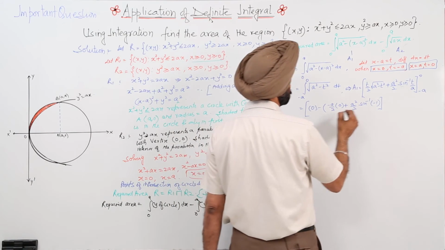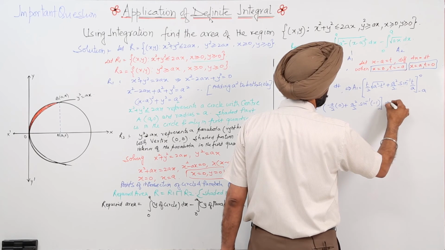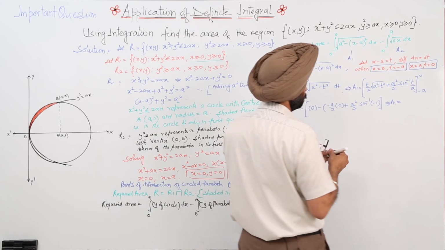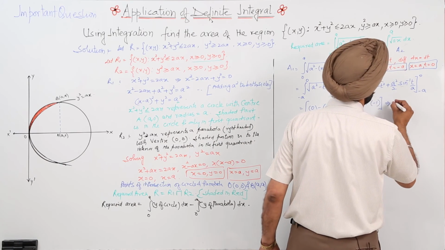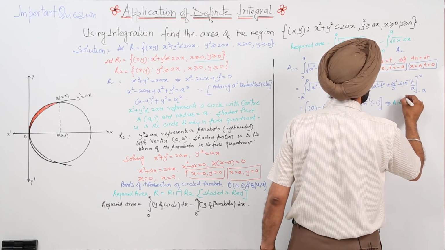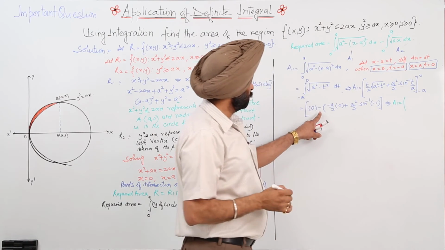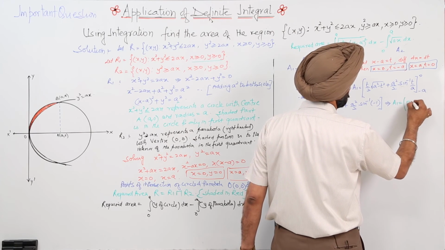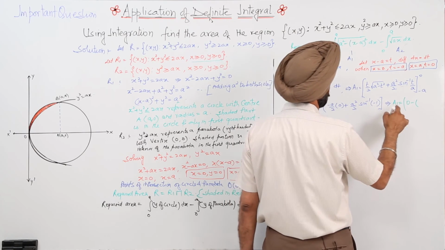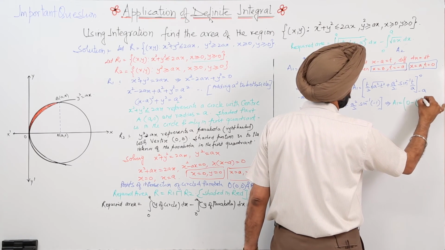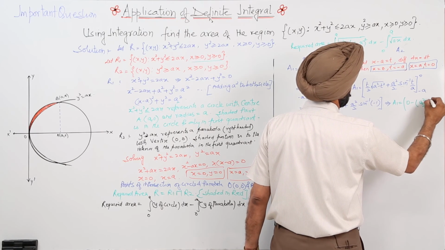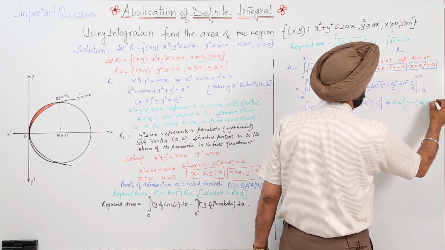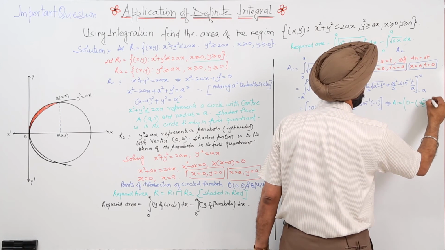And now what does this become? A1 = 0 − (a²/2)(−π/2).